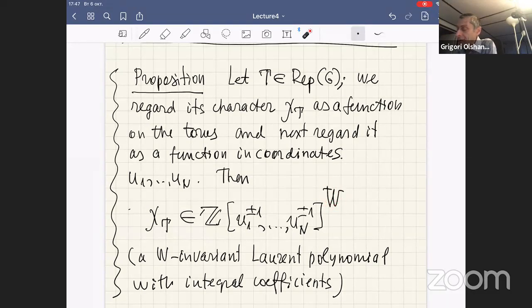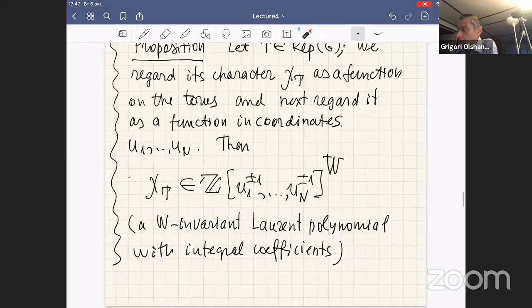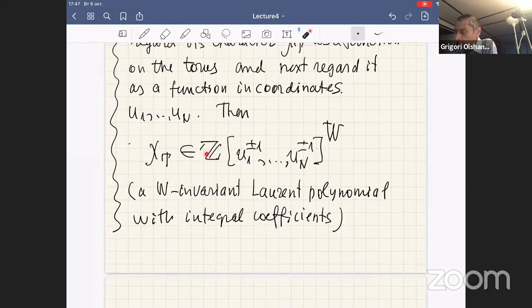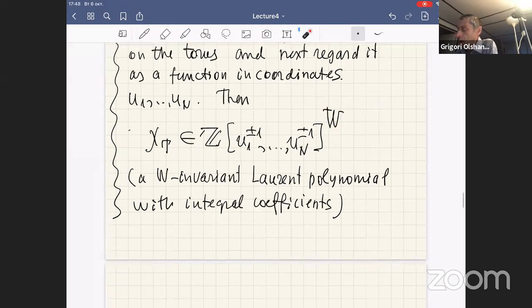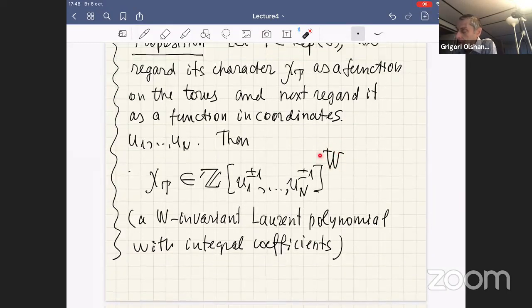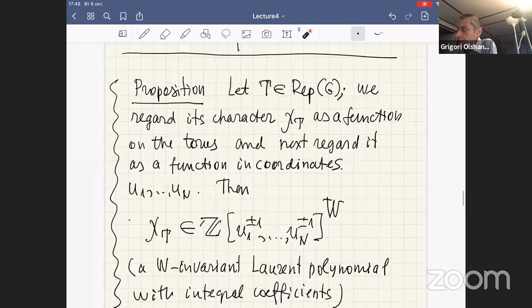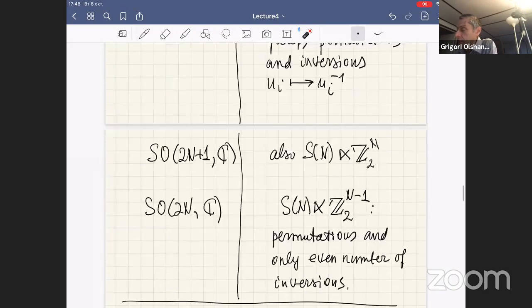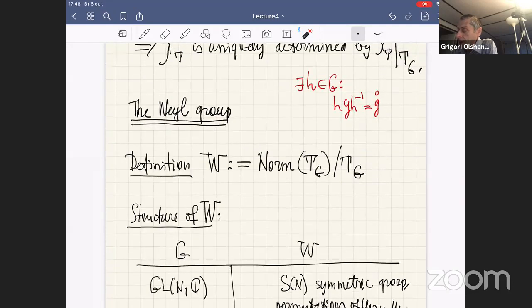In the type A case, the case of GL_N, we already discussed this. I will now try to explain why we have integral coefficients and why we have invariance. Invariance is simple. It follows just from the very definition. Here I would like to emphasize one point.